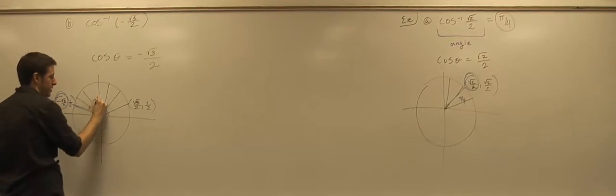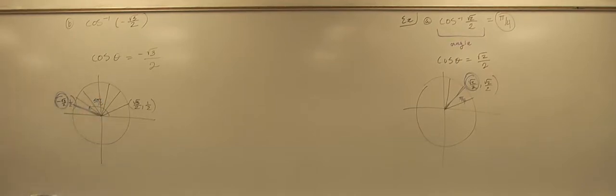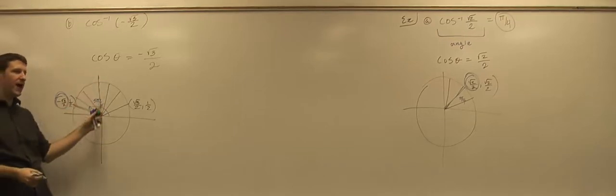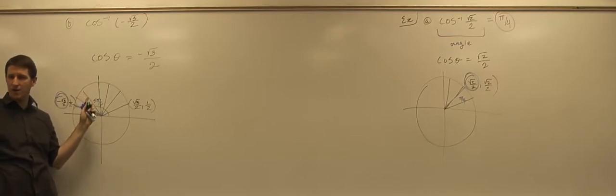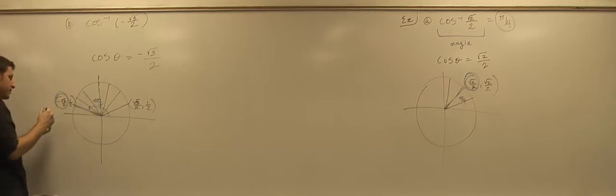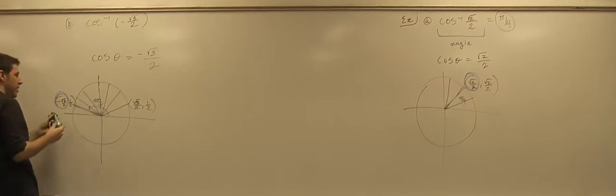5 pi over 6. But wait, you say, you passed this marker here. You went past pi over 2. That can't work. Do we care? That was for sine inverse. Cosine inverse doesn't care about pi over 2.